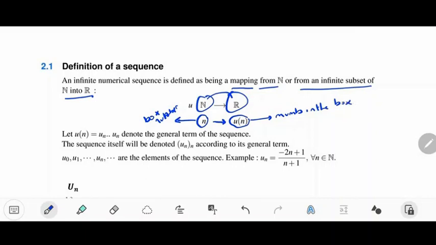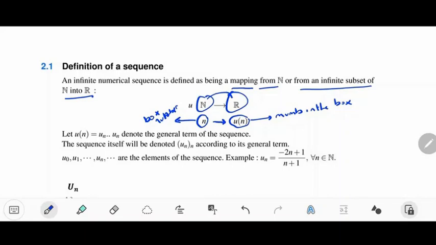So we can see the sequence as a relation, a function that takes as input the number of the box n and gives us the number inside the box. So to each n, it corresponds U of n, which is the number inside the box.